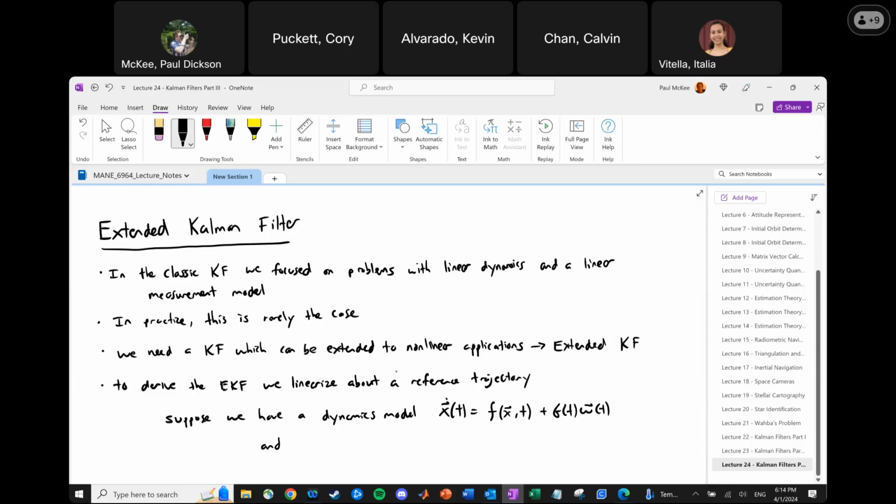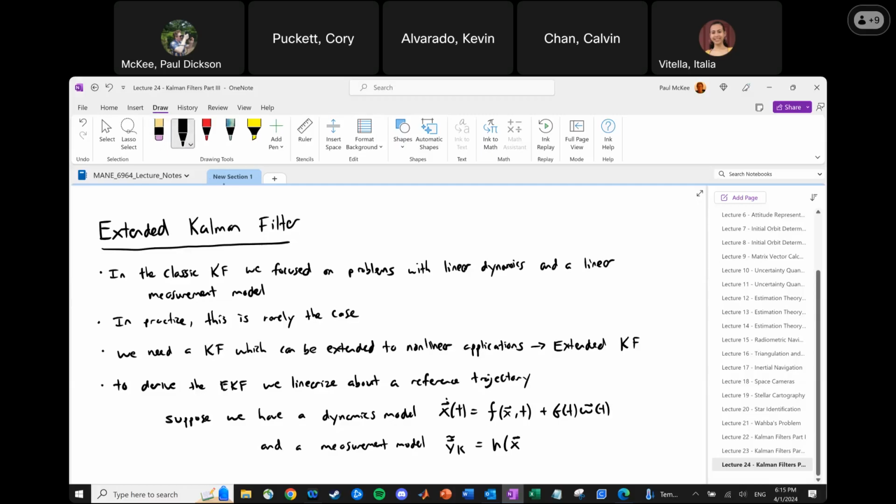And a measurement model which looks like y with noise on it of t is not H times the state, but it's h of the state. Oh, I apologize. Let's update this. Rather than of t, we're going to use the sub k, right?